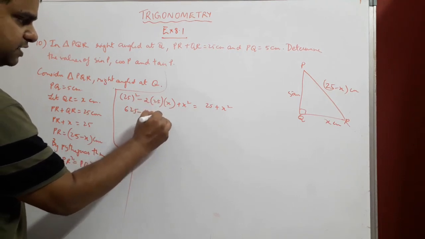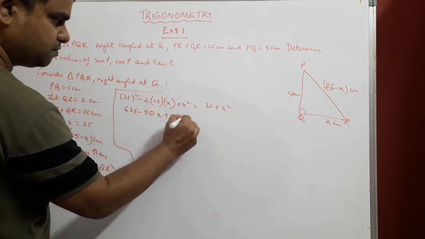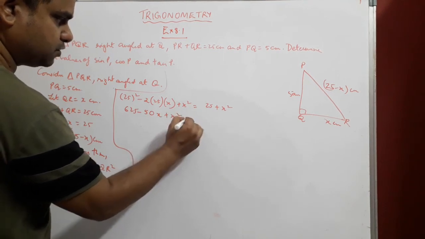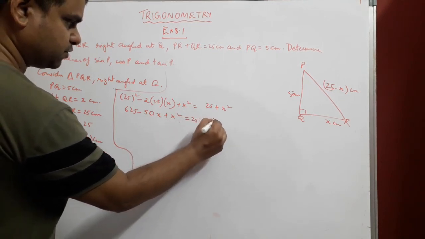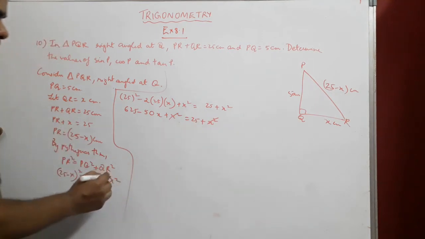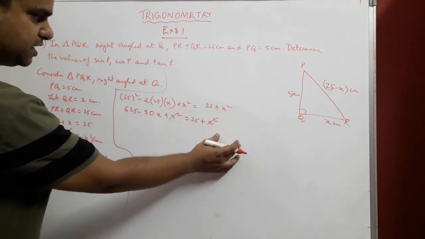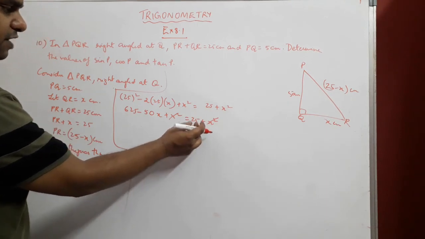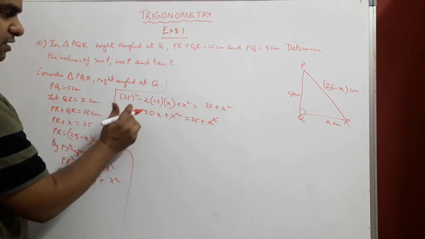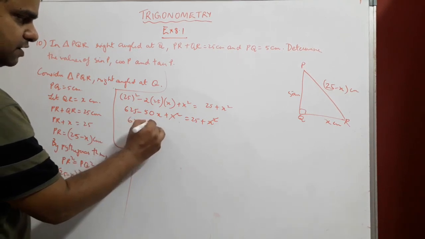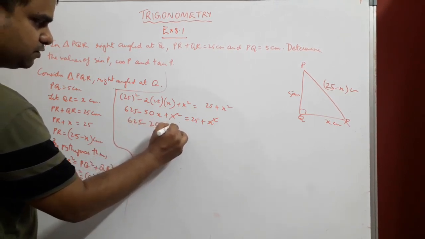So minus 50X plus X square equal to 25 plus X square. X square will cancel, and I'll take minus 50X on the other side, and I'll bring 25 this side so that it cancels out with this. So we'll get 625 minus 25 equal to 50X.